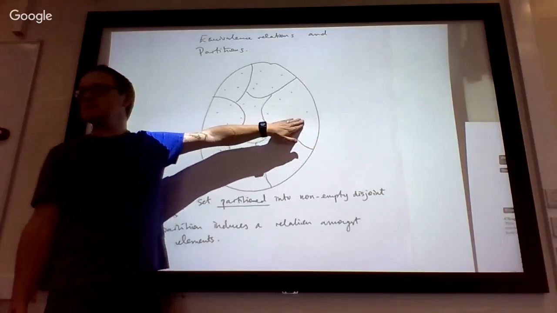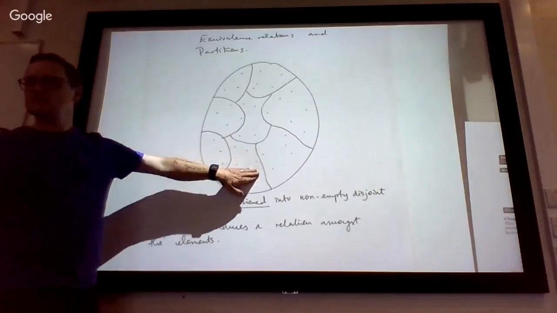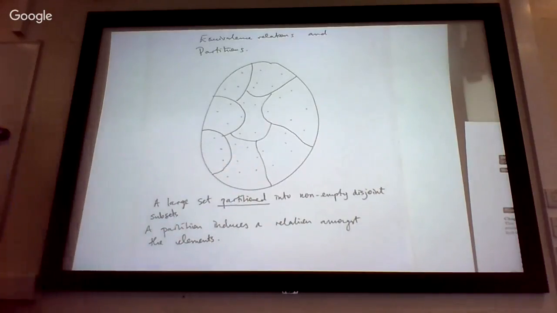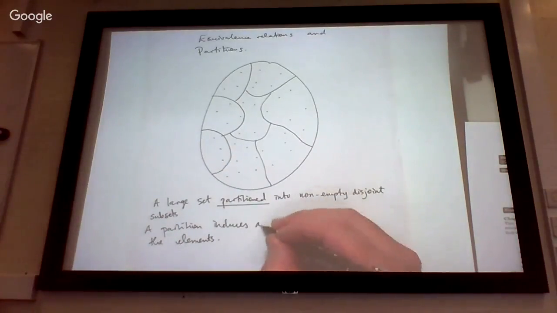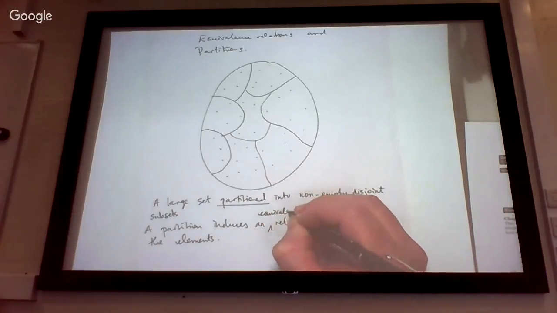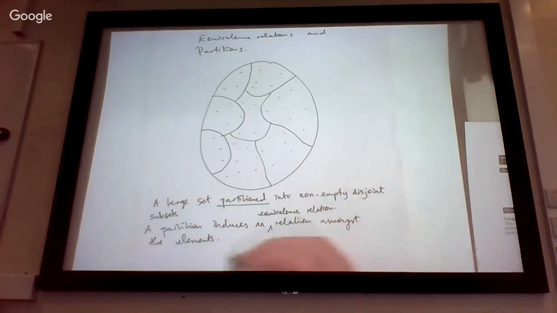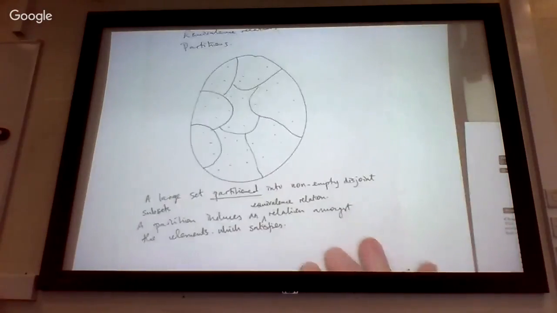They're all in the same cell, the same subset. All these ones over here are related to one another. And this relation is actually called an equivalence relation. There are three key properties that an equivalence relation has.